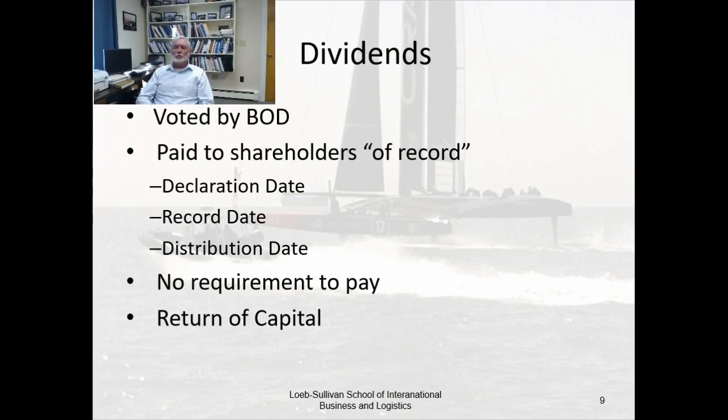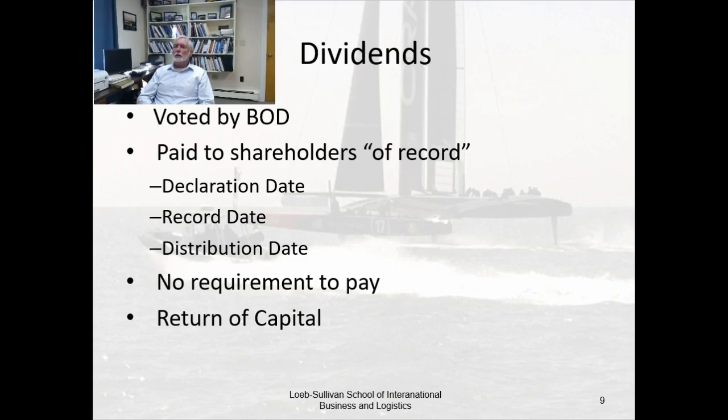Let's say the board of directors votes on January 10th to pay dividends, they'll say we're voting to pay dividends for the first quarter, to shareholders of record on February 1st, and we'll actually distribute the dividend on February 15th.